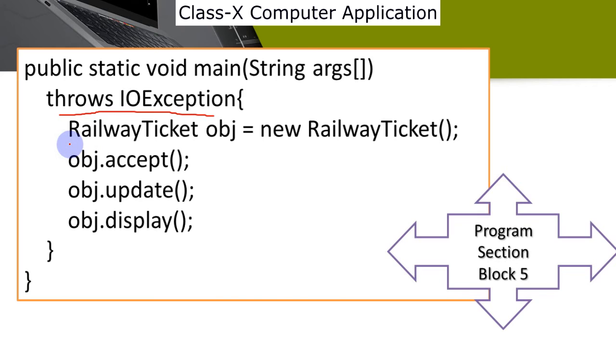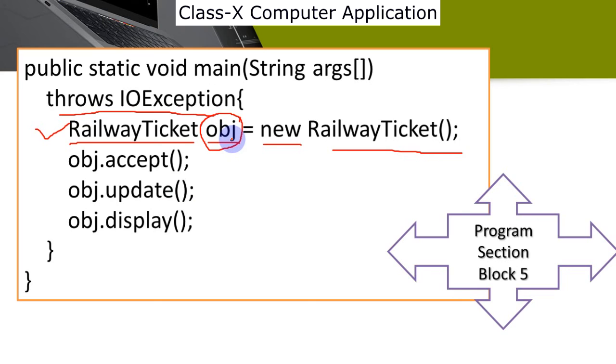We are creating the object of the class RailwayTicket. Whenever you use the keyword new, you are creating the object of the RailwayTicket. So RailwayTicket obj is equal to new RailwayTicket. When you use this syntax, it is understood that you are creating an object of the class.